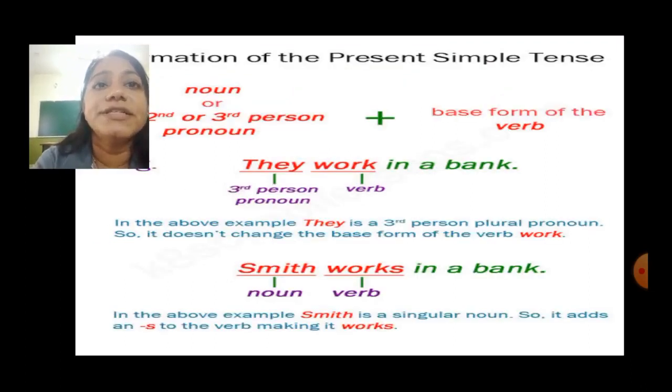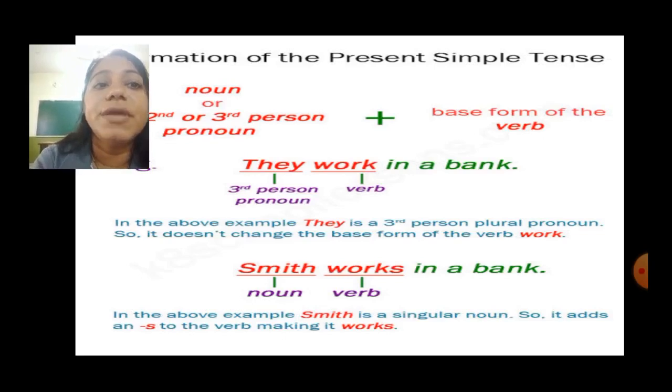Formation of the present simple tense of second or third person pronoun: we will just put the base form of the verb. They work in a bank. Here a third person pronoun is there, but it is in plural form, so we will just put the base form of the verb. In the above example, they is a third person plural pronoun, so it does not change the base form of the verb work.